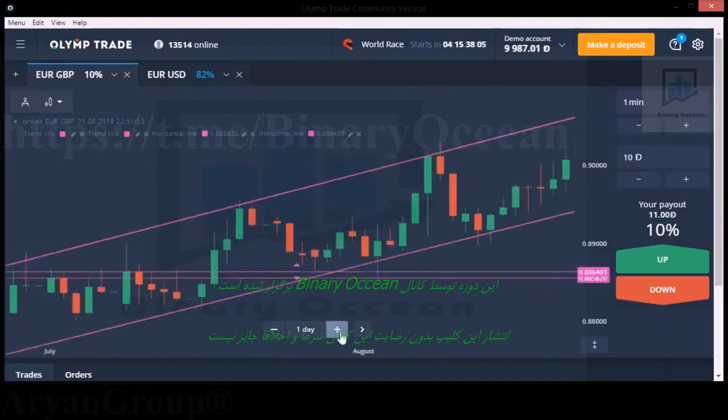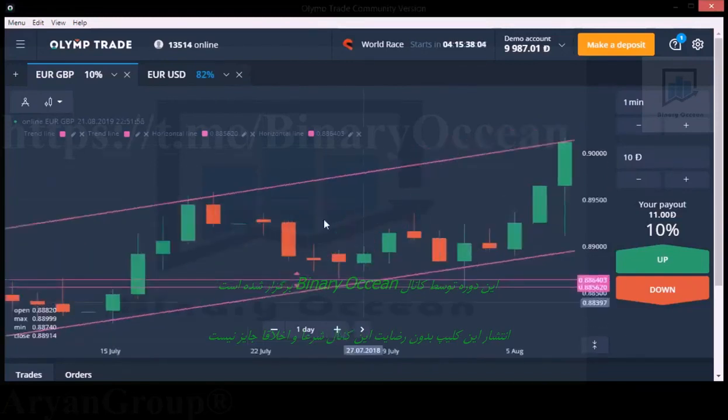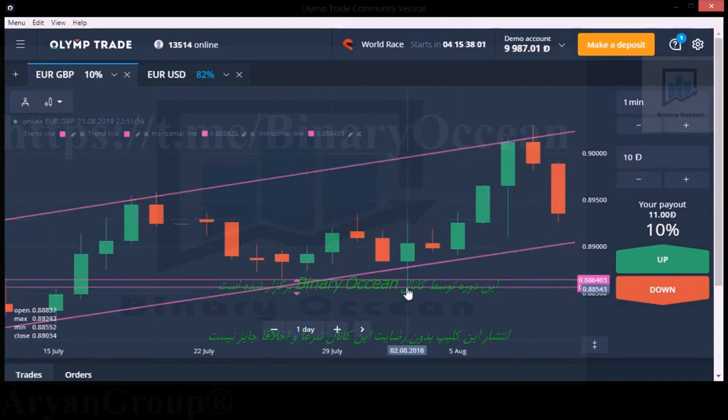So you should place just below this line as your stop loss point. If you make the stop loss point below this level, then you no need to worry about loss.